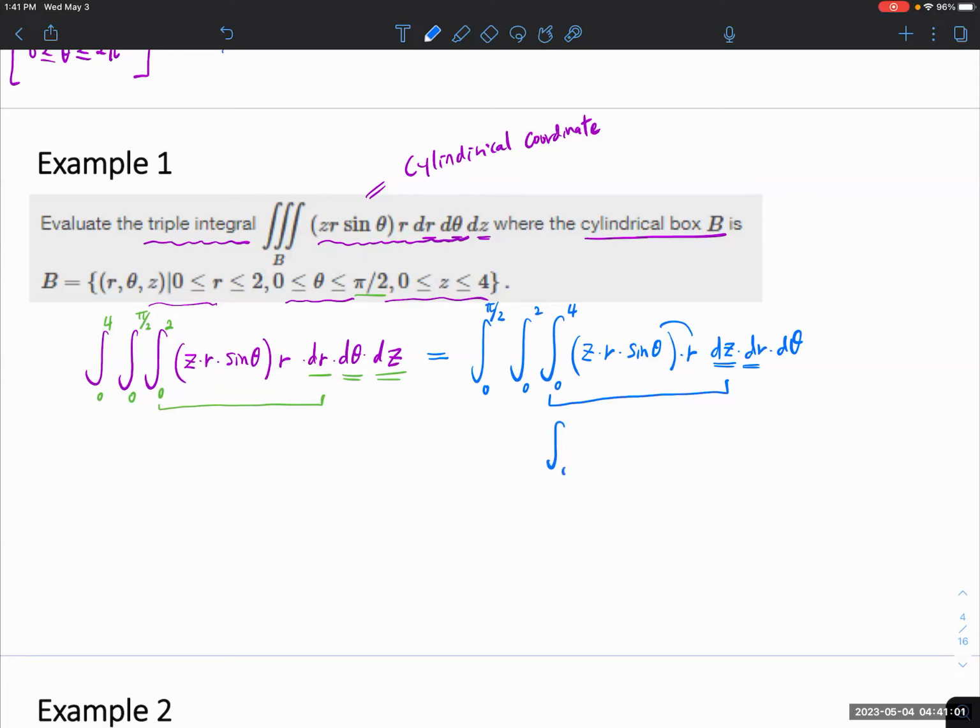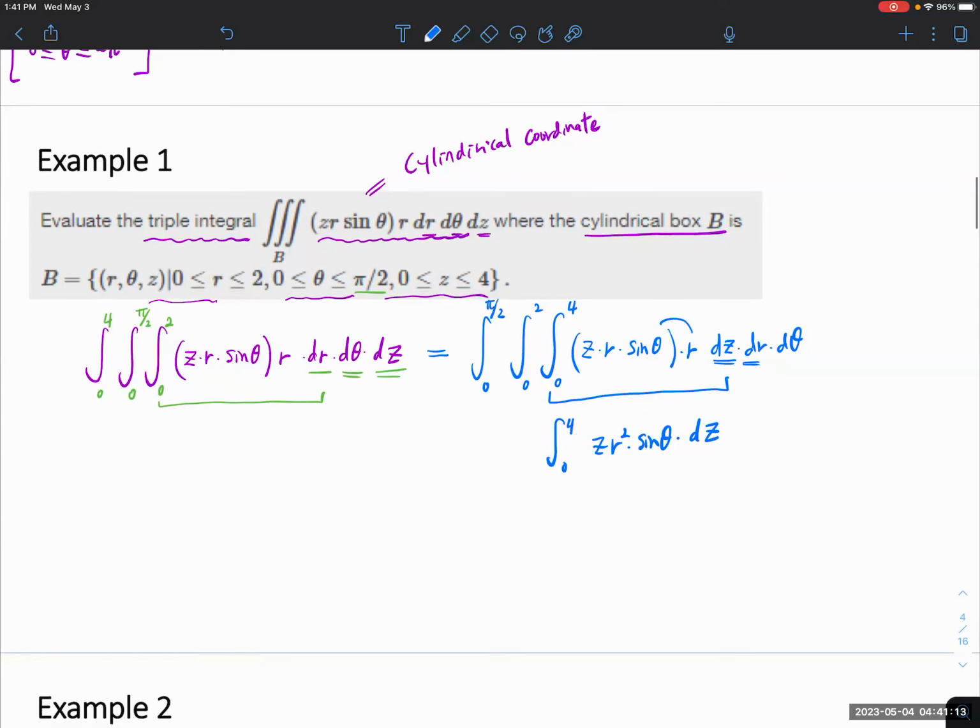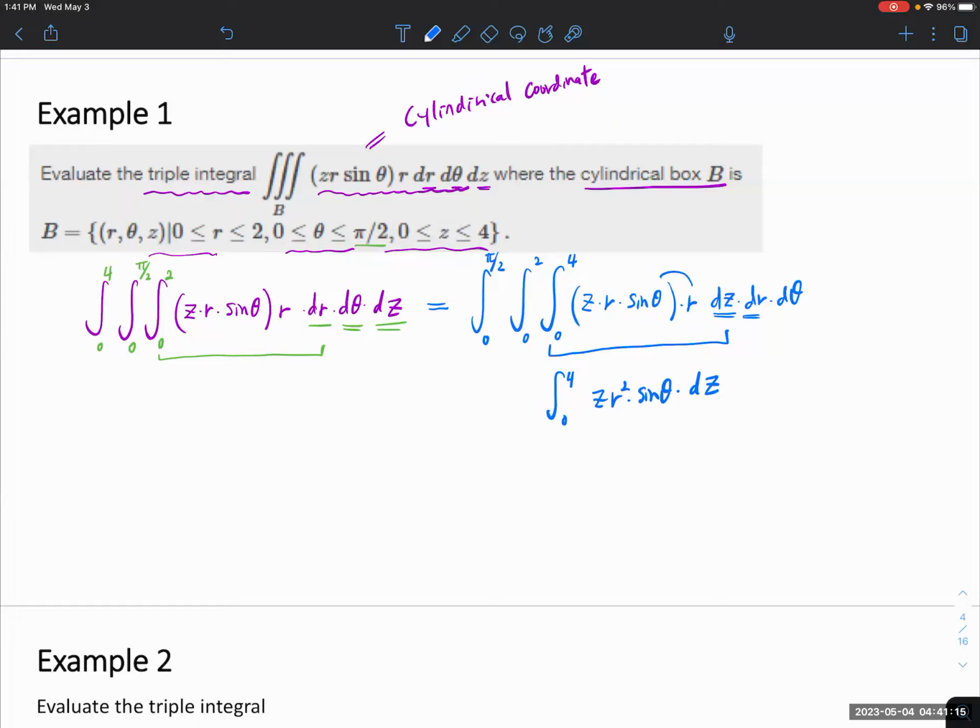So this is going to be z r squared sine theta dz, right? Since we are taking the integral with respect to z, r and theta are constants. So therefore, r squared sine theta, z squared divided by 2 from 0 to 4.